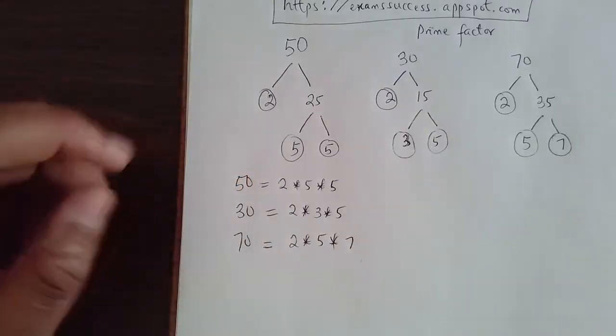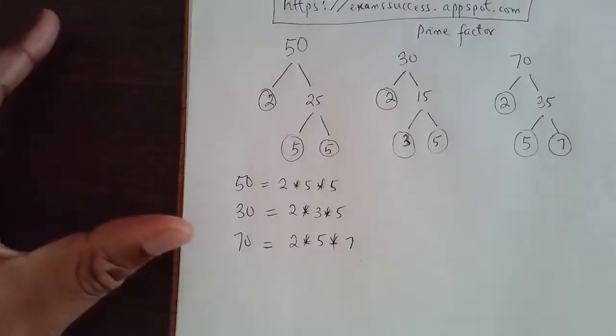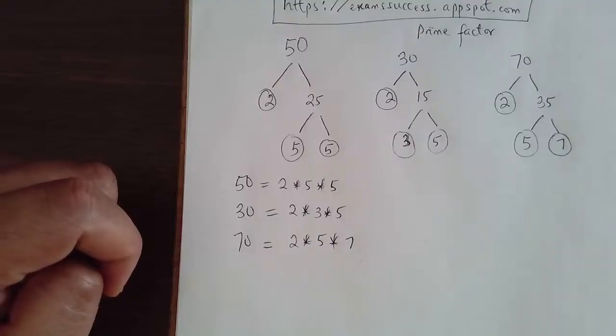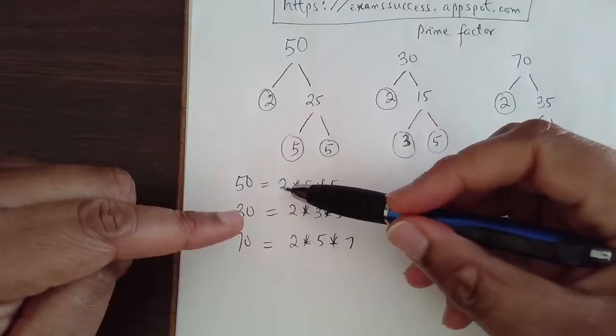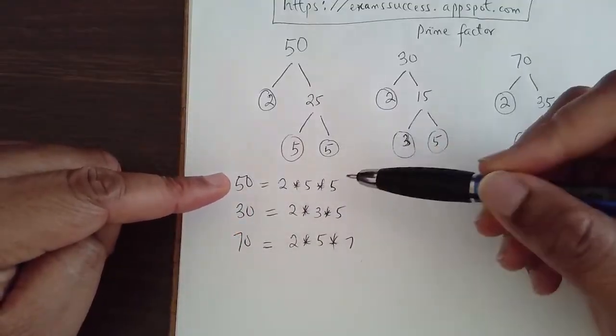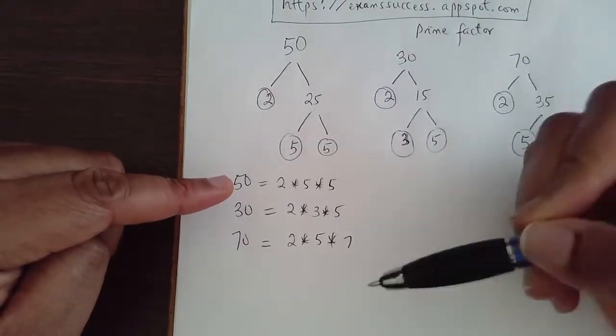Now, with least common multiple, it has to be a common multiple. I've done a video on factors and multiples. So anything that is common, we don't need to count it again. First of all, it has to be not just a multiple, but a common multiple.